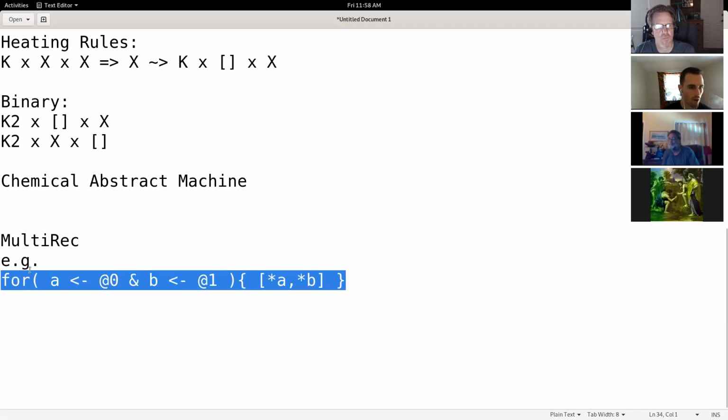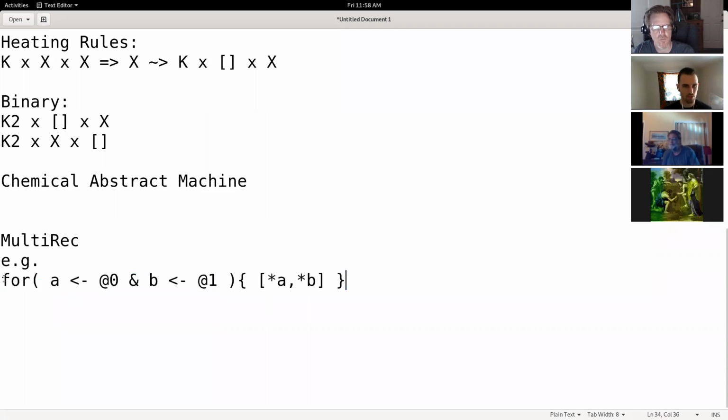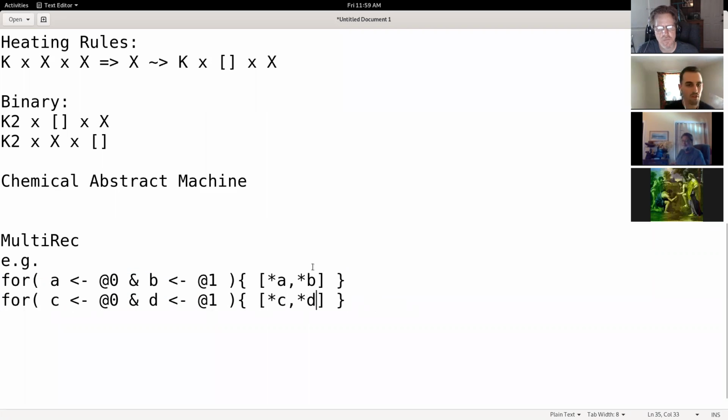What I mean is, here I have one multi-receive. Here I have another one, and it looks like this. I just changed the name A to C and the name B to D, right? These are alpha equivalent terms. I just gave you the explicit mapping for alpha equivalents, so these are structurally equivalent terms for sure, and one should match the other.